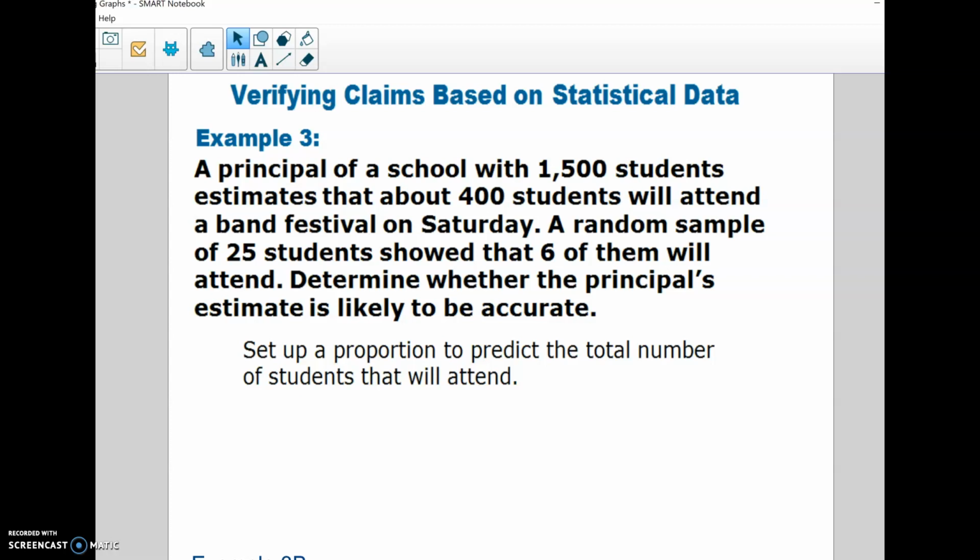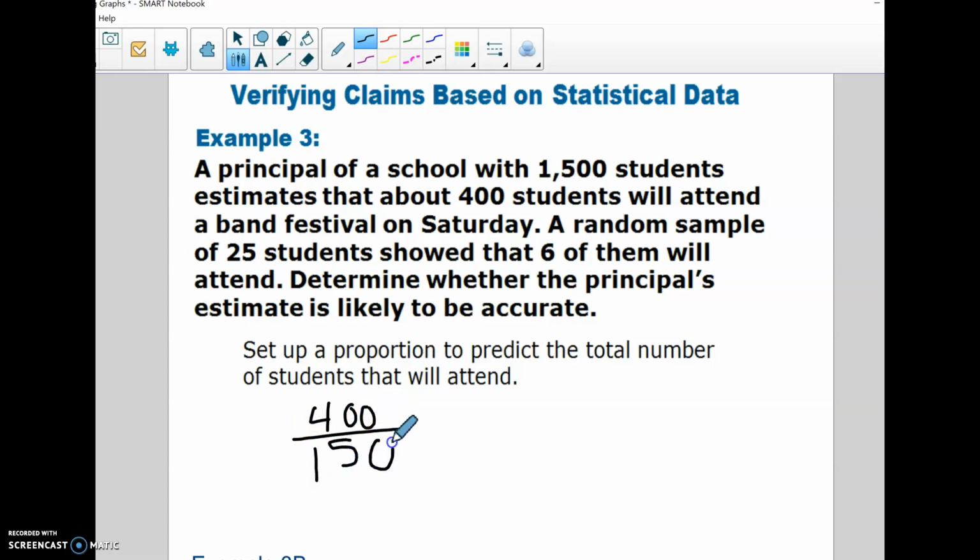Determine whether the principal's estimate is likely. Okay, so we're going to do the whole student body on one side. So we'll say 400. He thinks 400 will go out of the 1,500, so part to whole.